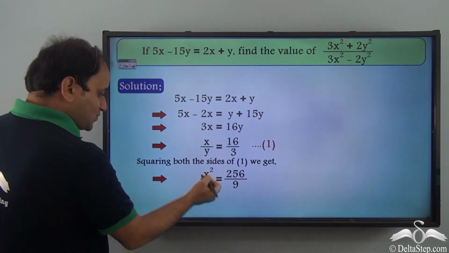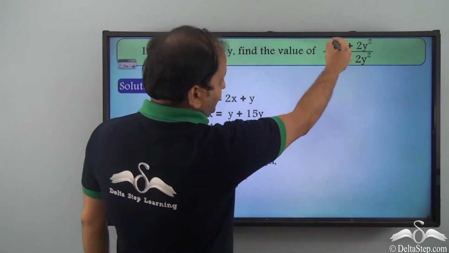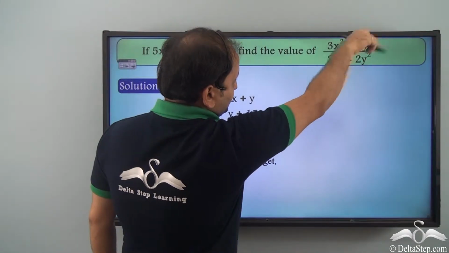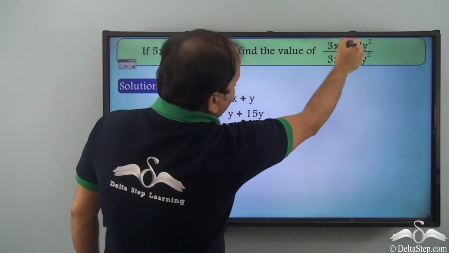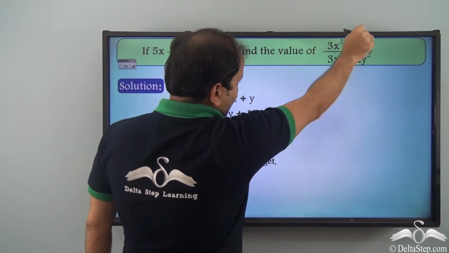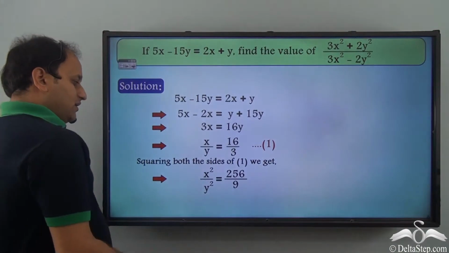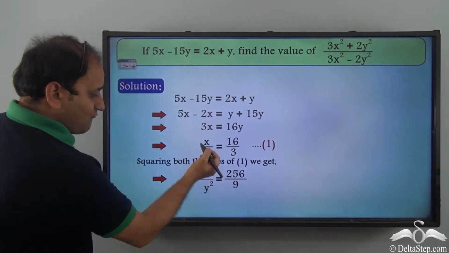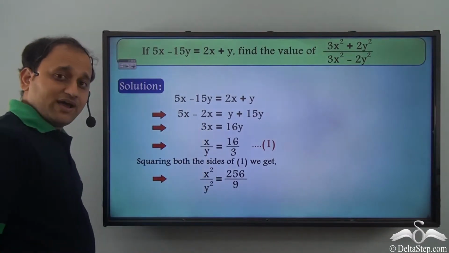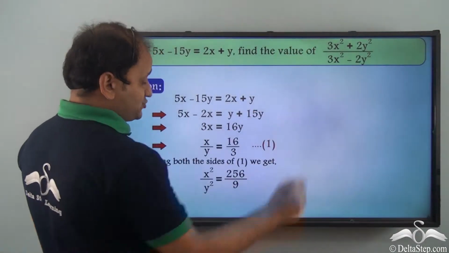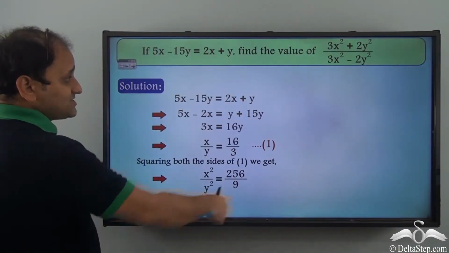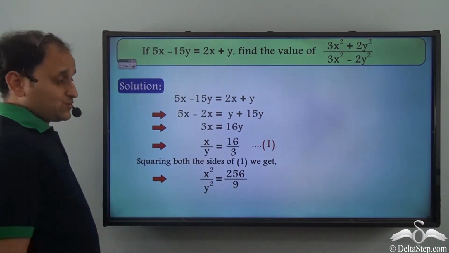Now once we have got x square and y square, let's see what are the coefficients of x and y. In the expression which we need to find, the coefficient for x square is 3 and coefficient for y square is 2. So what we can do is multiply this x square by y square with 3 by 2. So we'll get 3 as the coefficient of x square and 2 as the coefficient of y square.